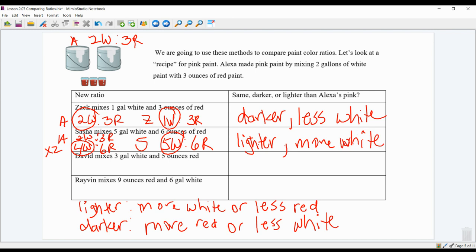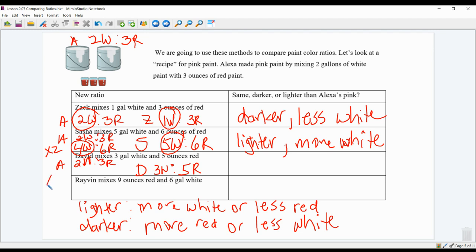Okay, now David does a different combination. David mixes 3 white to 5 red. And Alexa is still at 2 white to 3 red. Now on this one, I can't just double something in Alexa's or divide something easily in David's. So what I'm thinking of doing is looking at the 2 and the 3 whites and making that a common multiple, a common quantity.